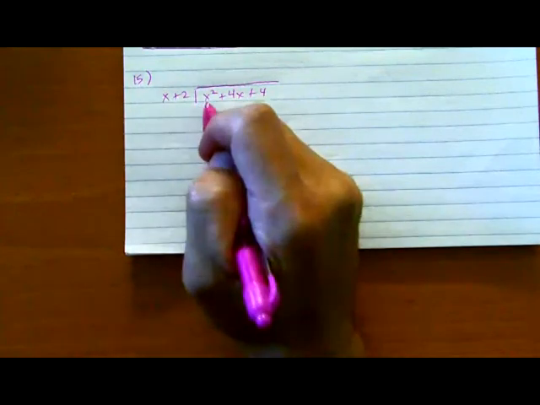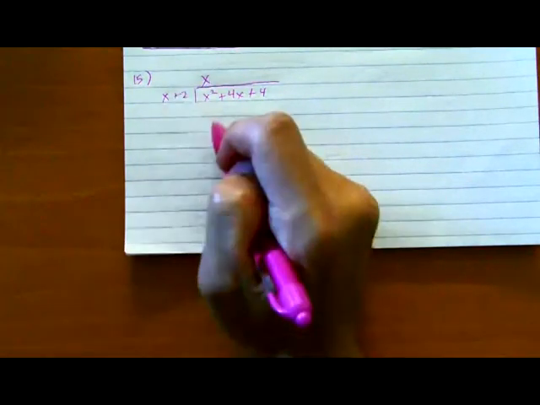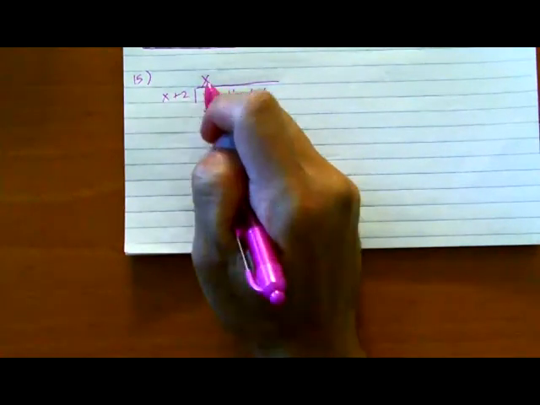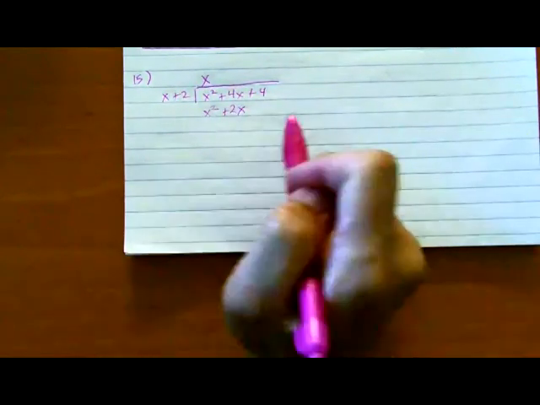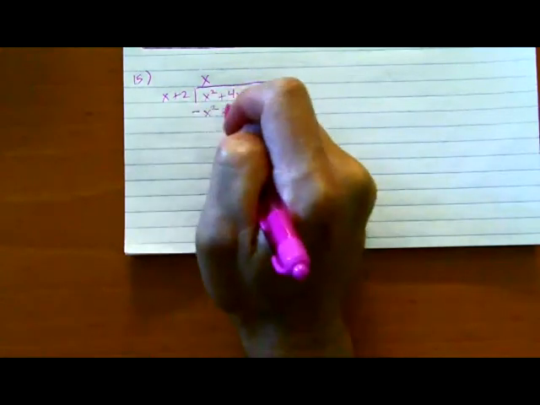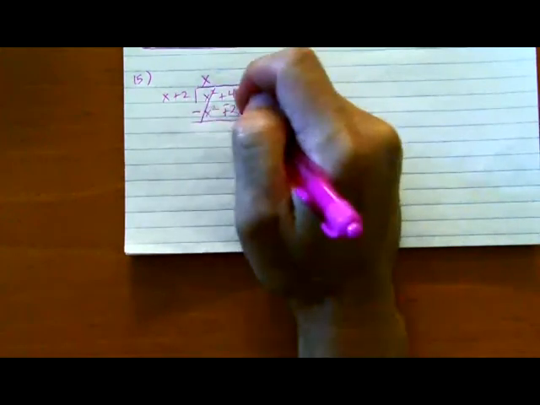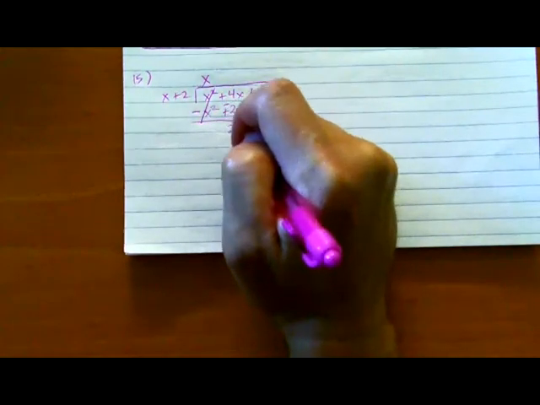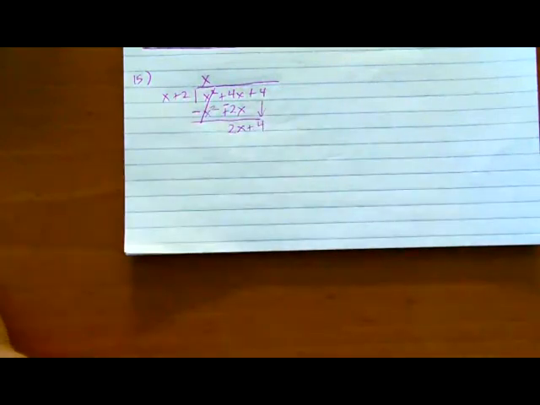Something times x is x squared. x. x multiplies to both terms. x times x is x to the second. x times 2 is 2x. We need to subtract. That means the signs change. This becomes minus. This becomes minus. That cancels. This will be 2x. I'll drop the 4. And we do it again.